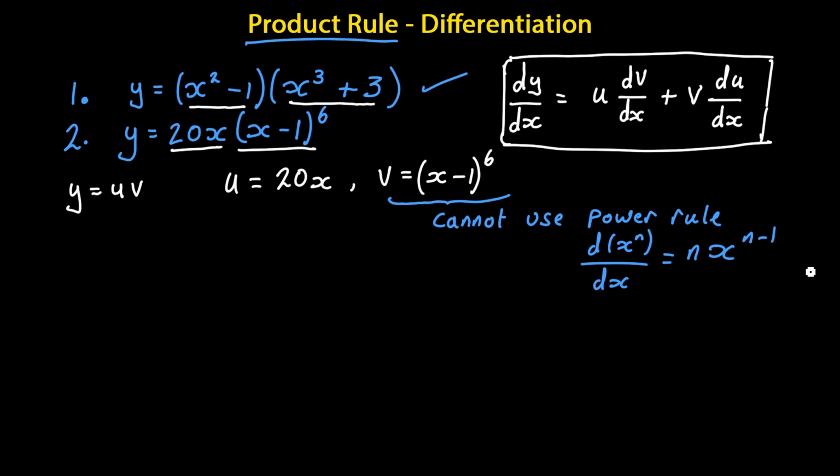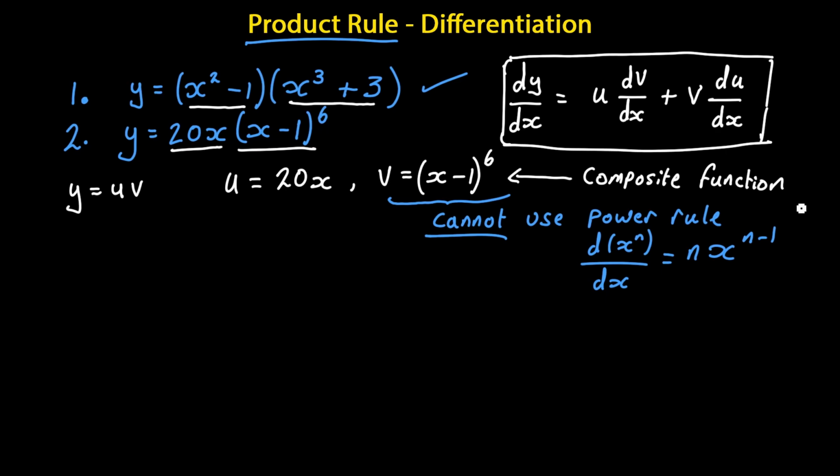But with v, we have a composite function. Now this simply means we have a function within a function. So we've got a power function raised to 6 and an inner function which is x minus 1.